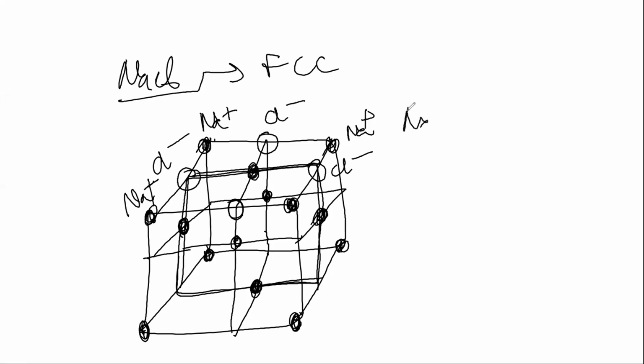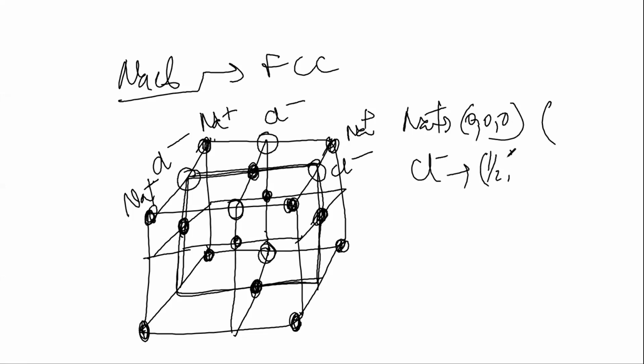If I take coordinates for sodium as 0, 0, 0, as I explained in the face-centered structure, then immediately at half the distance what do I get? Cl minus, at half, half, half.